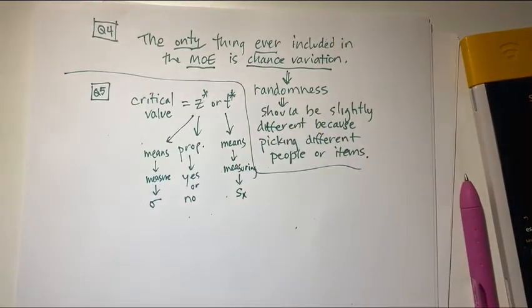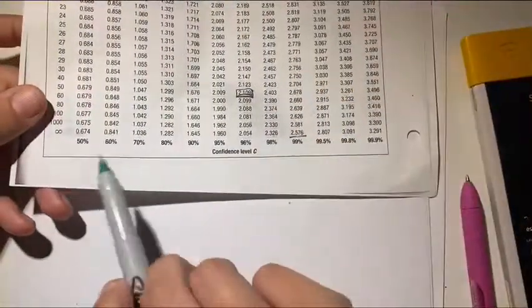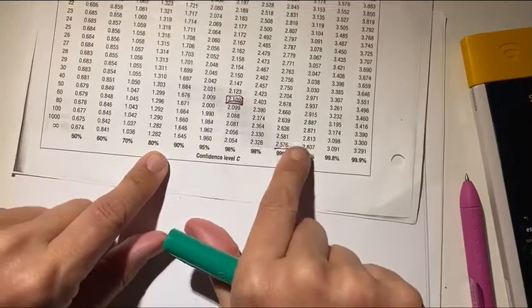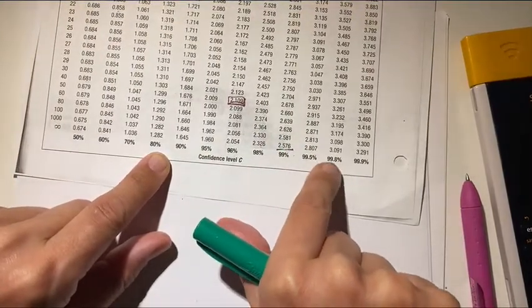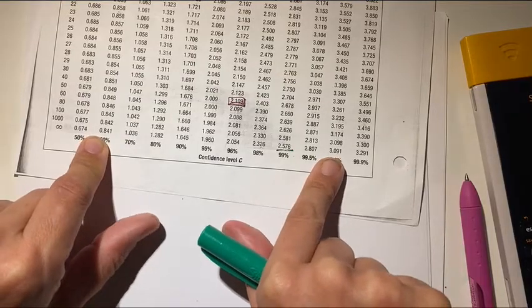So that's where we stand. And what is this critical number? It's the one that determines the width of your confidence interval. So notice the more confident you are, the wider you need to be, because you need to be more confident in your approximation and you need to take into account more variability.